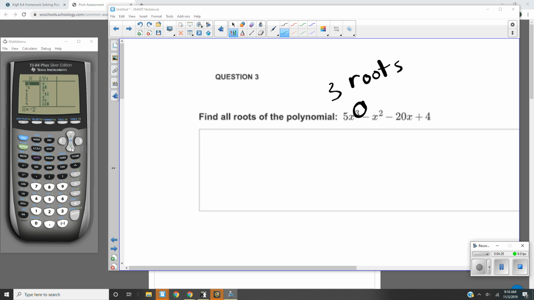we actually have multiple roots. And you can kind of see this from the graph, but this one crosses at -2. And it crosses again at +2.